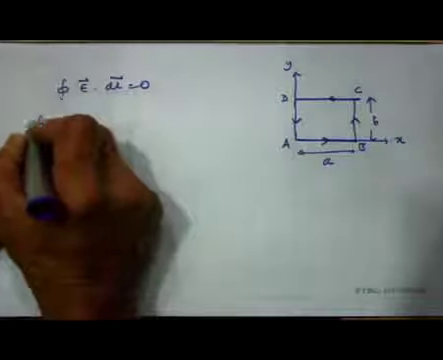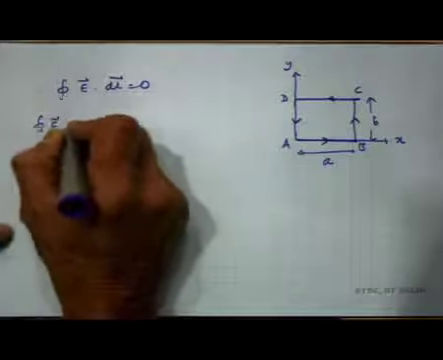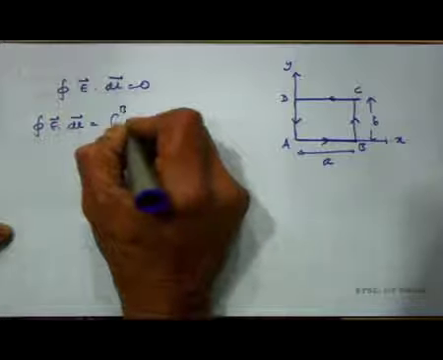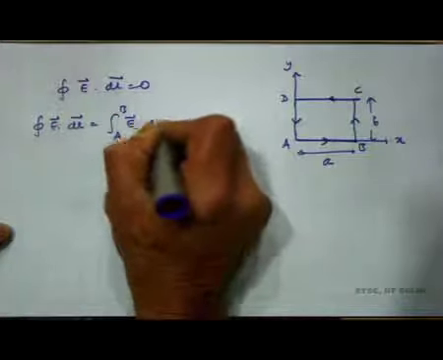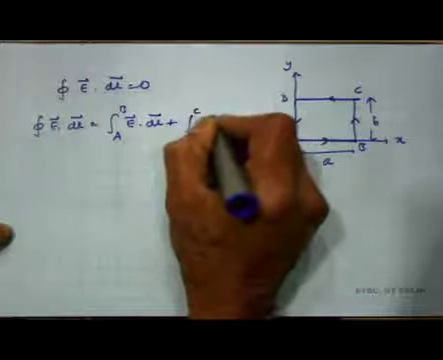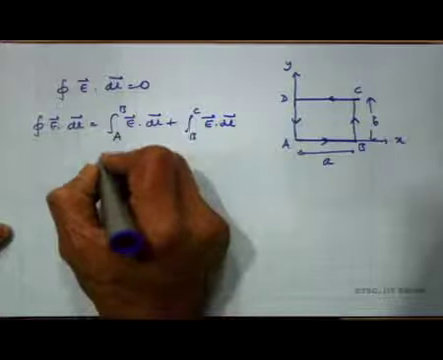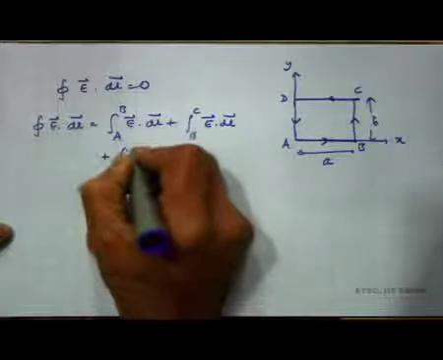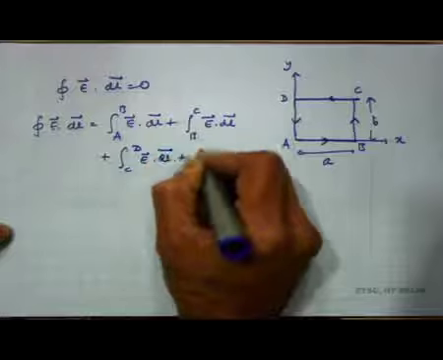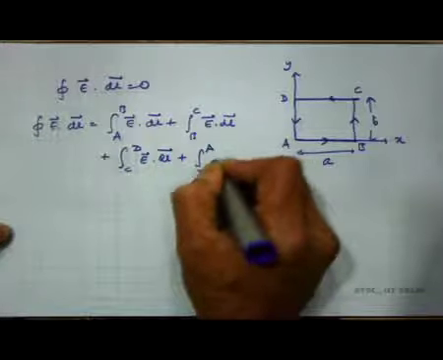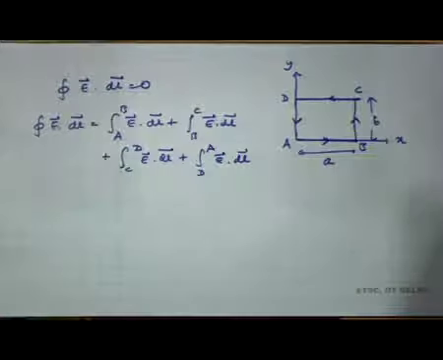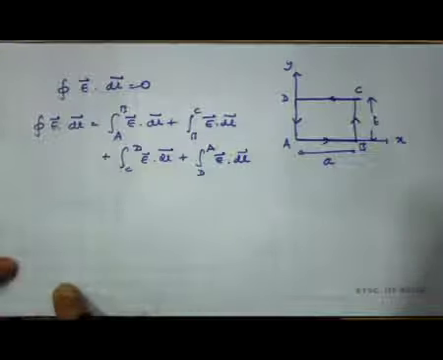So, integral E dot dl is actually equal to A to B E dot dl plus B to C E dot dl plus C to D E dot dl plus integral D to A E dot dl. It is a complete closed path integration.